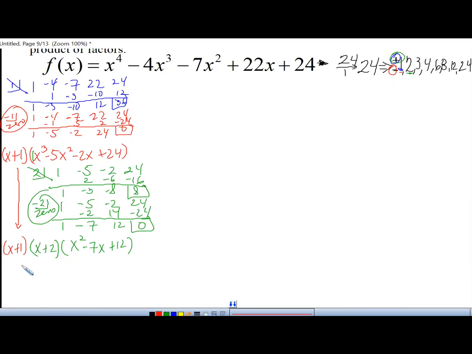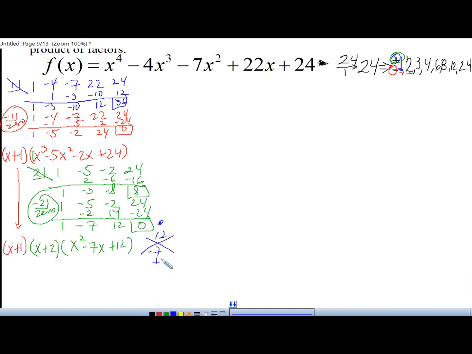However, are we done? Look at this part. What do you think, Michael? What can we do here? We could factor. Yeah, factor. We got 12 and -7.